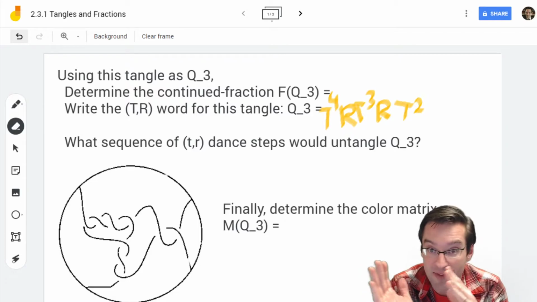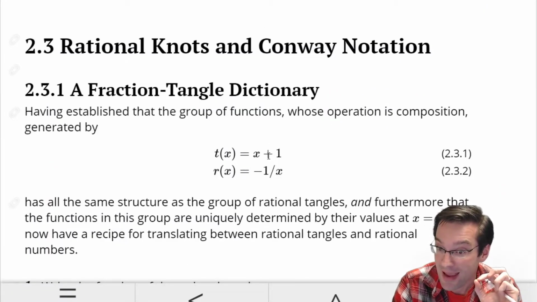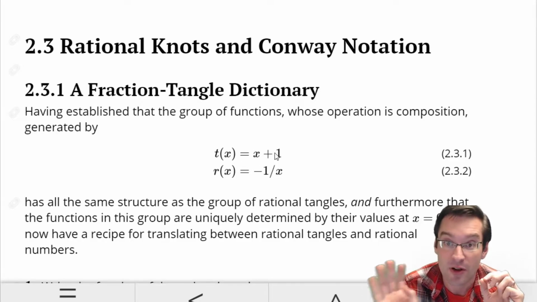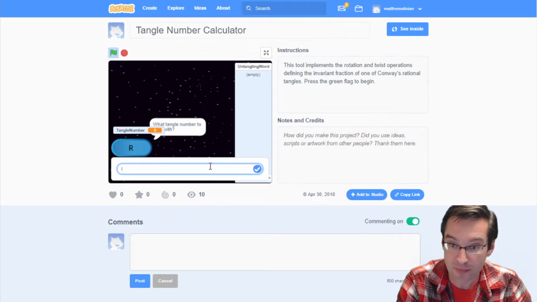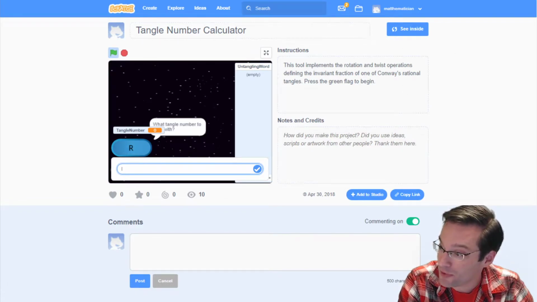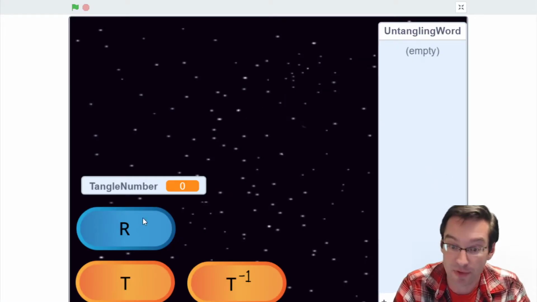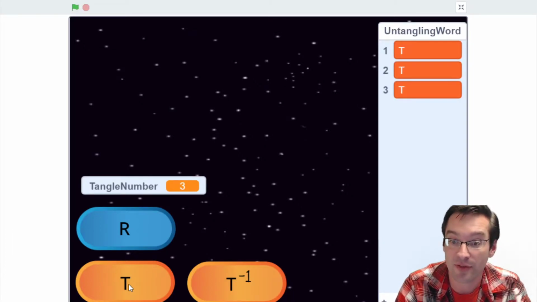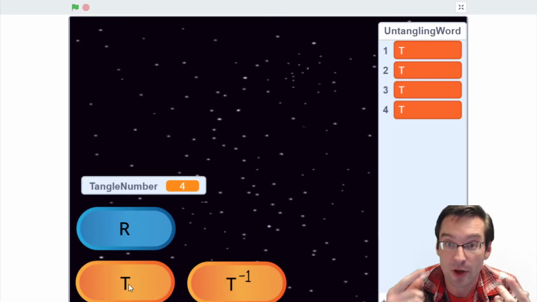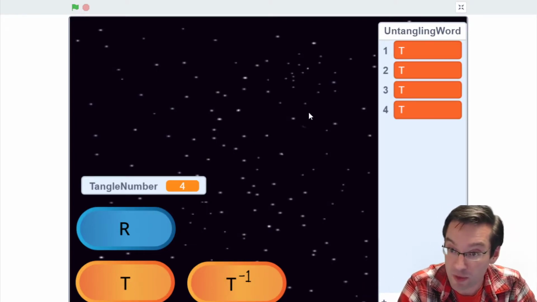When I translate that into rational numbers, that means starting with the number 0 and applying this add 1 function 4 times. So it takes me from 0 up to 4. I have a nifty little scratch calculator that we can use today if we want to simplify the arithmetic. So starting from the tangle number of 0, the first thing I would do is do 4 successive twists. And every time I twist, my tangle number is going up by 1. Right? So after 4 successive twists, I now have a tangle that has a tangle number of 4.